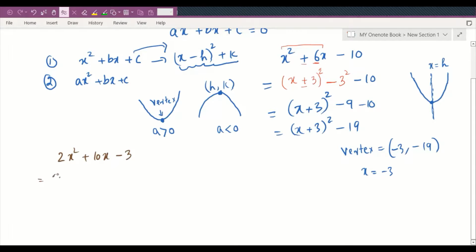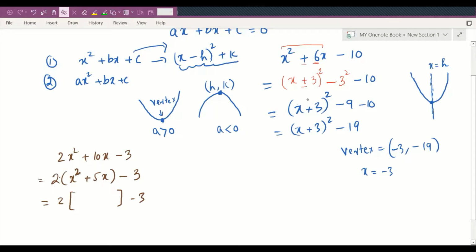So we will say 2 outside: x squared plus 5x, minus 3. Now we will complete the square within the bracket, keeping this 2 out, and keeping this 3 out as well.